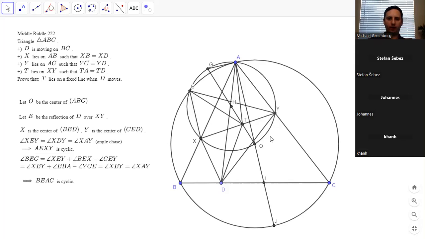So angle EOA. So EXA, we can calculate that in terms of this angle. So EOA, we want to show it's EXA. Give me just a second.